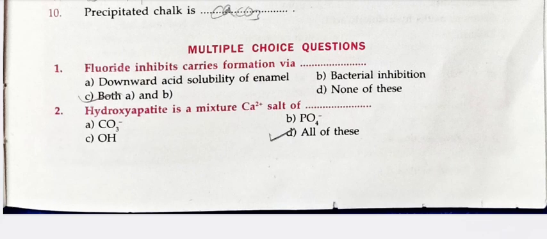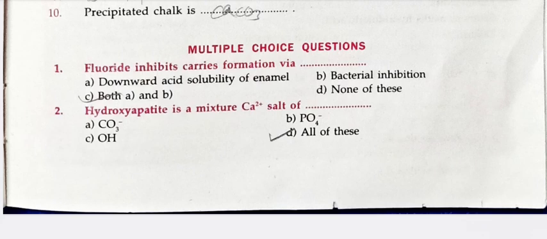Fluoride inhibits caries formation via what? Fluoride inhibits the acid solubility of enamel, and helps in the formation of enamel. Enamel is the first covering layer of your teeth, which gets eroded, for example when you eat hard food material.